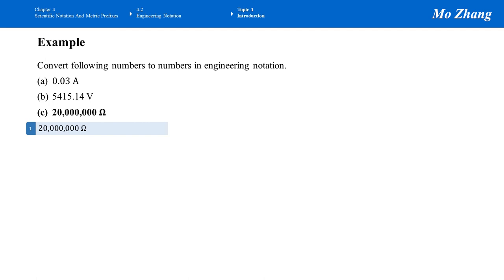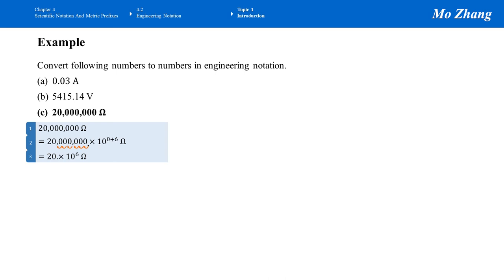The current exponent is 0. If you move the decimal point to the left 6 times, this 20 million is reduced to 20. Because we move the decimal point to the left 6 times, we do the opposite operation for the exponent, add a 6 to it. So at the end, the answer is 20.00 times 10 to the power 6 ohm.